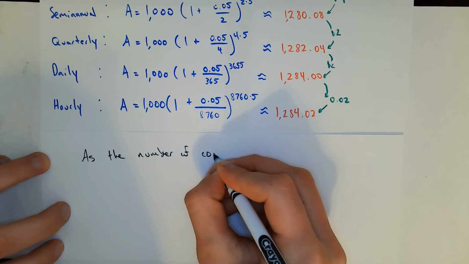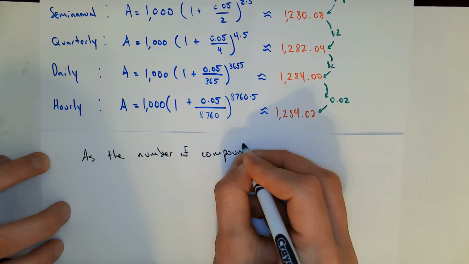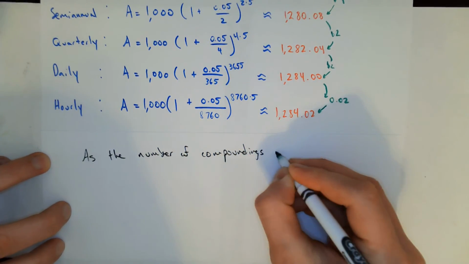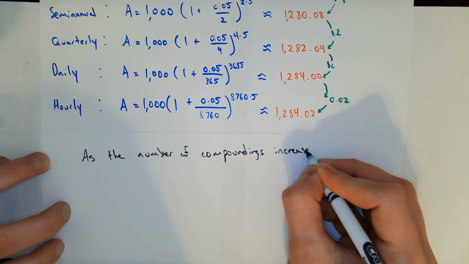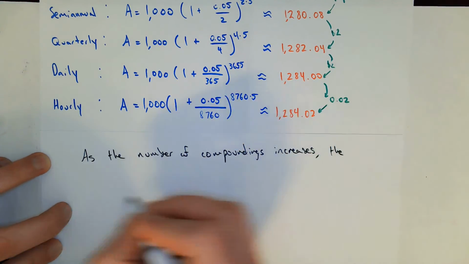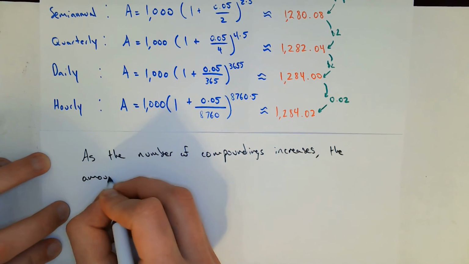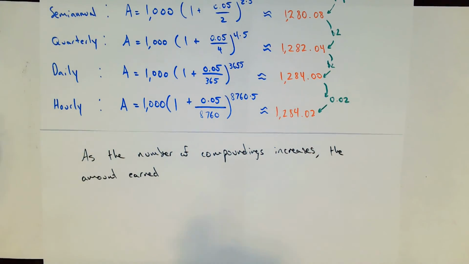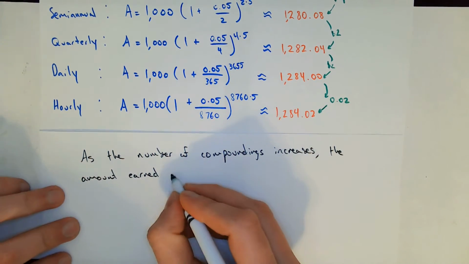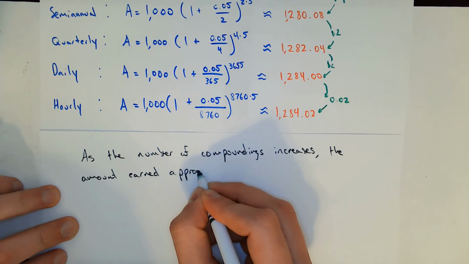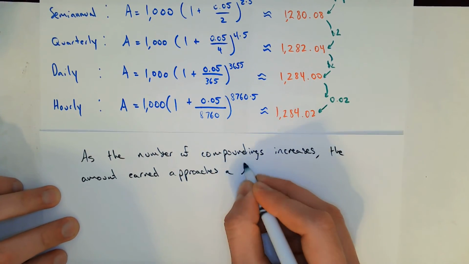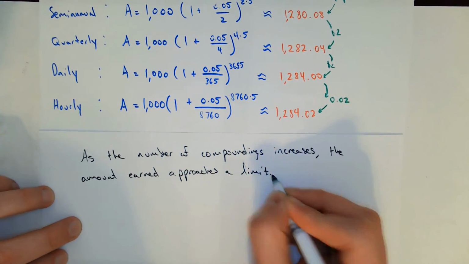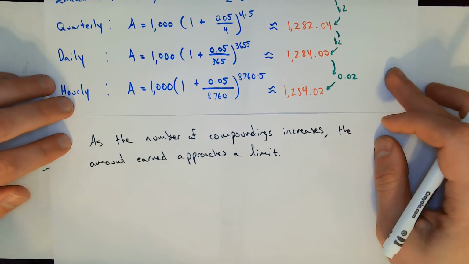As the number of compoundings increases, the amount earned approaches a limit. Approaches a limit.